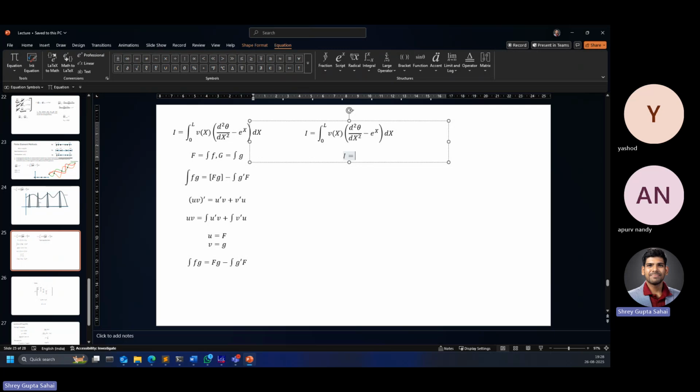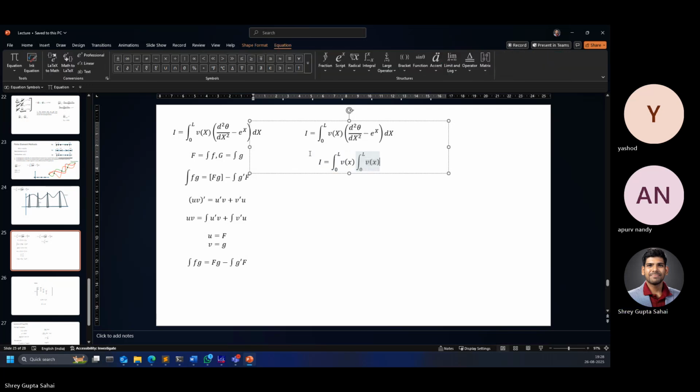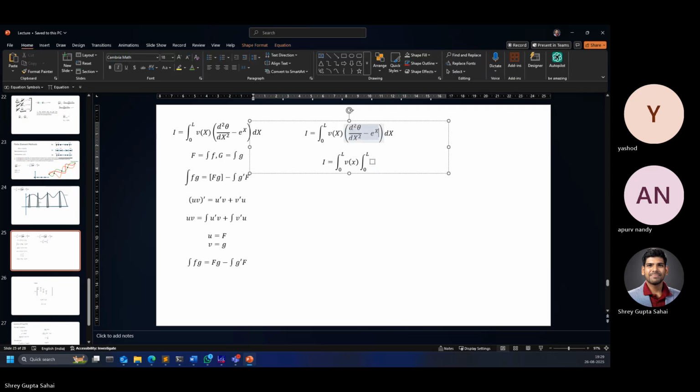Now, I can be written as integration 0 to L, v of x, and then also this entire thing. Integrate this also, right? Comes d theta by dx minus integral.